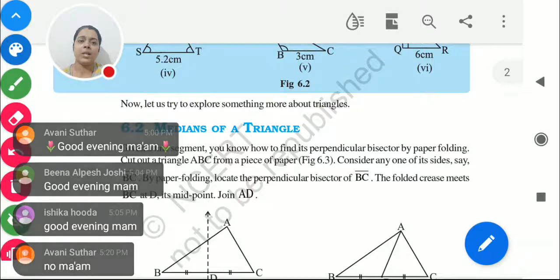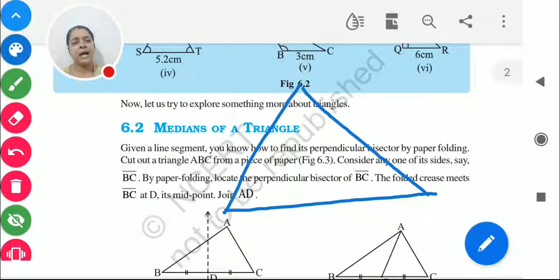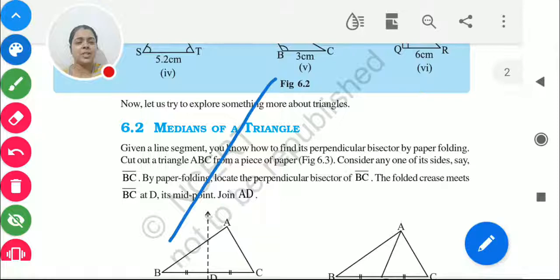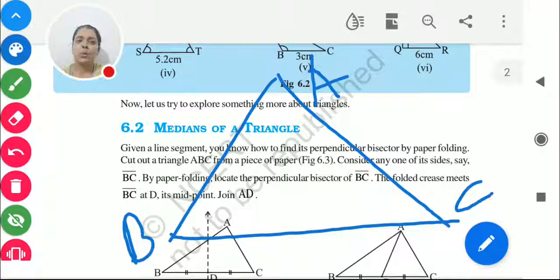Basically we talked about one thing, that this is a triangle and I just draw a line on it. How many lines can I draw? As many lines as I want. I have taken a triangle named ABC. From the vertex A, how many lines can I draw on the opposite side?